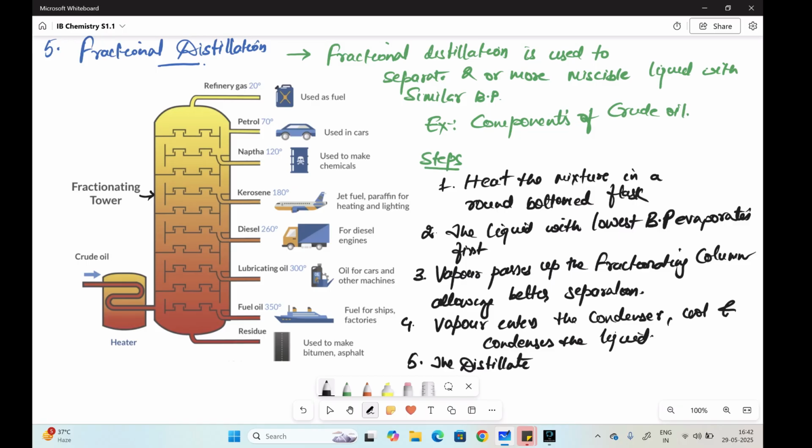The distillate is collected in a beaker. In this way, you can again increase the temperature and the process of separating the other things keeps on going. So this is how we can do fractional distillation, right?